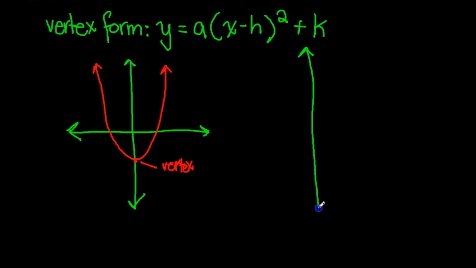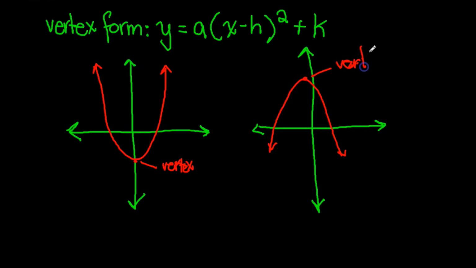I'm going to attempt to do a straight line, and it could look something like this. This is another parabola as well, and the vertex is here, and now that one is at a maximum. So this is our vertex as well, just that max or minimum of our quadratic.